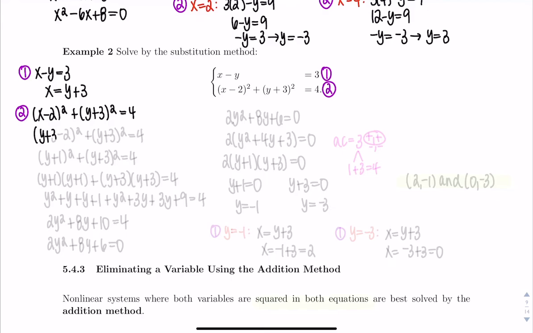We have y plus 3 minus 2 squared plus y plus 3 squared equals 4. Well, that's really y plus 1 squared plus y plus 3 squared equals 4.